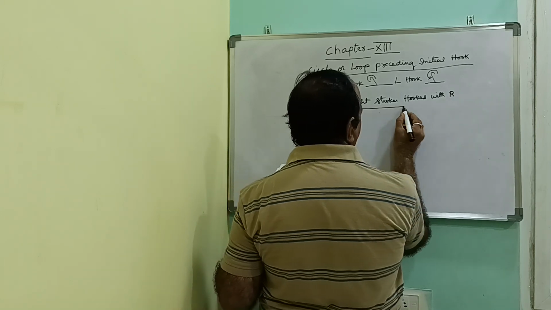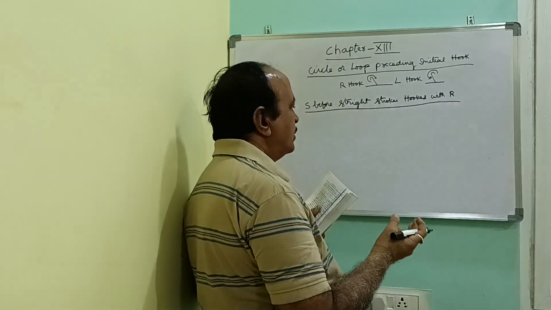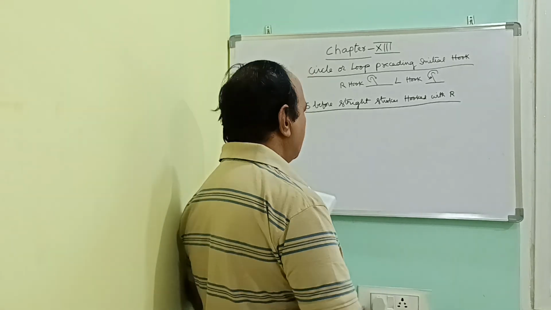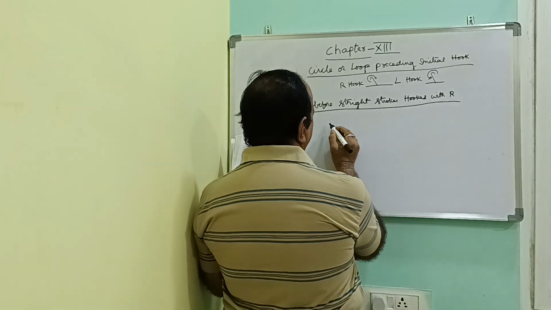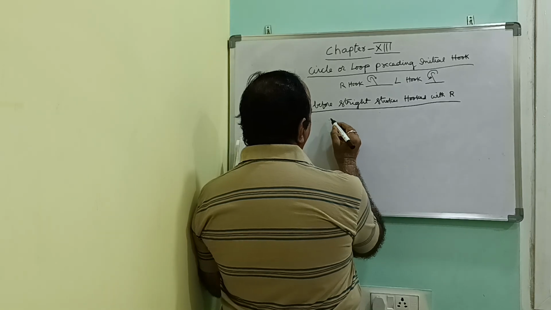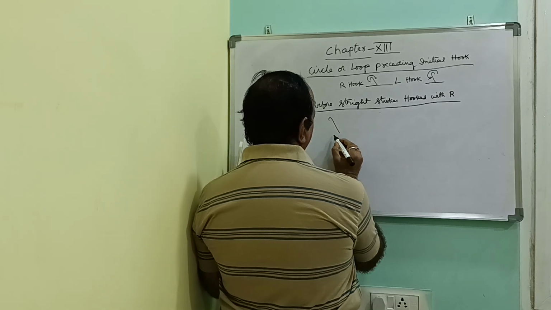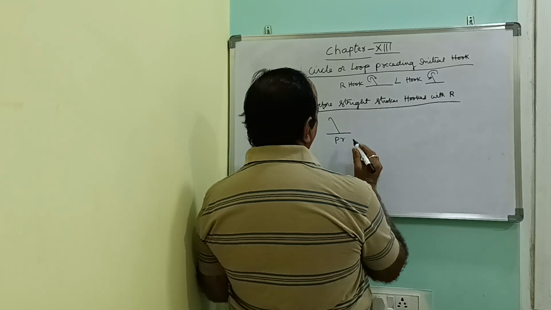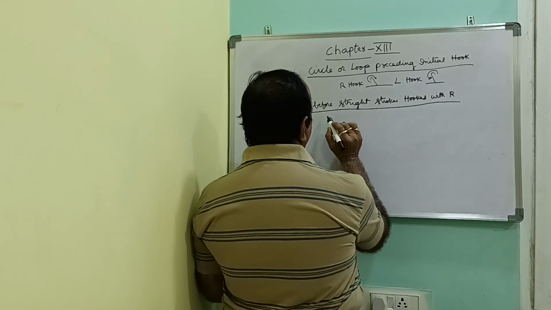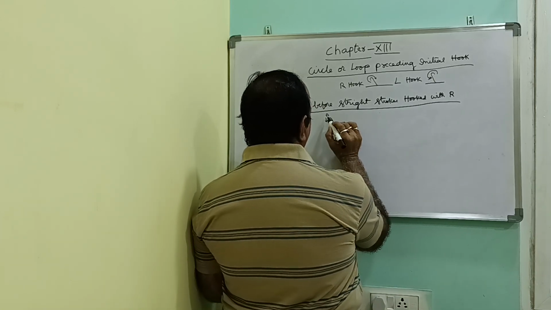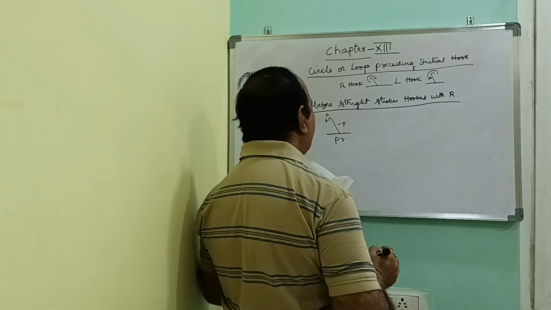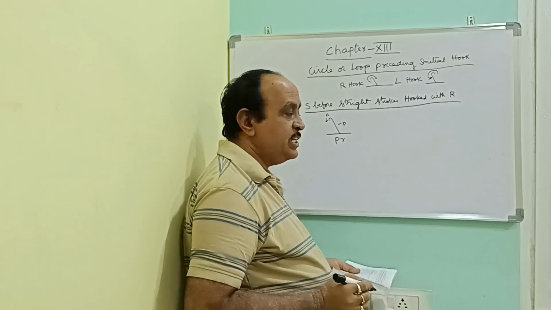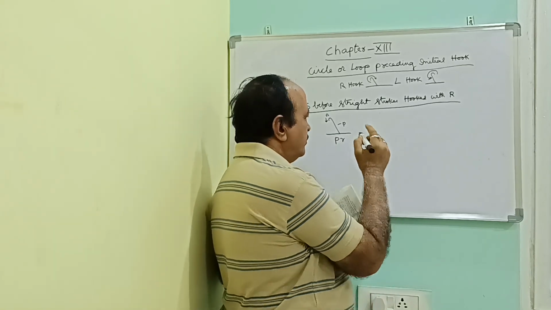How can we add the S before the straight strokes which are hooked with the R hook? Let us see how we will add it. For example, this is per, isn't it? This is P and this is the R hook. Now how can we add the sound S before the stroke which has the initial hook?